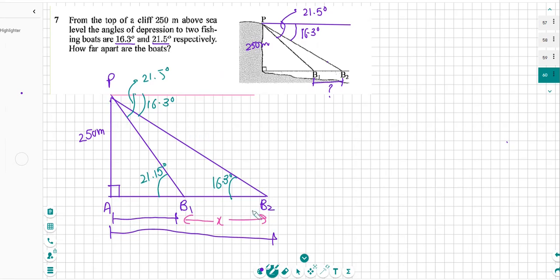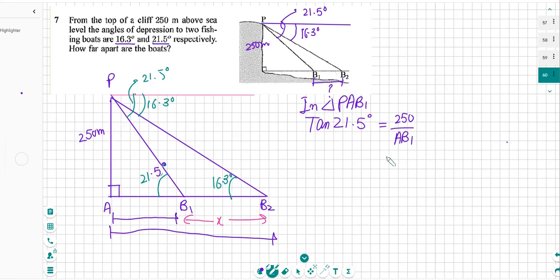So I'm going to find AB1 by using the trigonometric ratio. In triangle PAB1, this length is the adjacent side and another side is given, which is the opposite side. So that's why I'm using tan. The angle is 21.5 degrees. So tan 21.5 degrees equals the opposite side, that is 250, over the adjacent side, that is AB1.